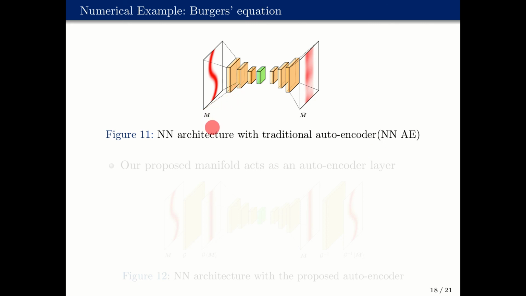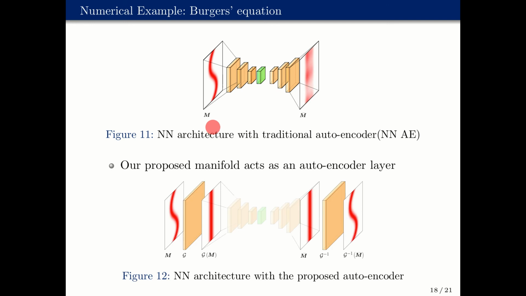So I use the same data to solve my minimization problem and find the grid, and then I have the map, so I can map the solution from the high-dimensional space to this low-dimensional space and train the same network on this mapped data.